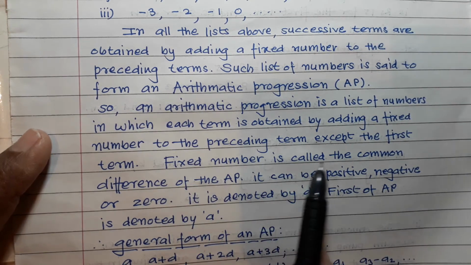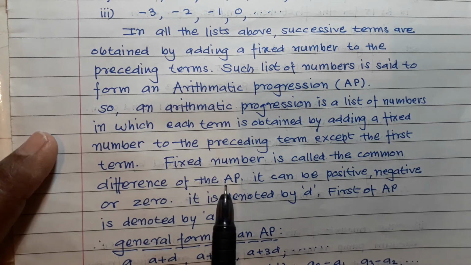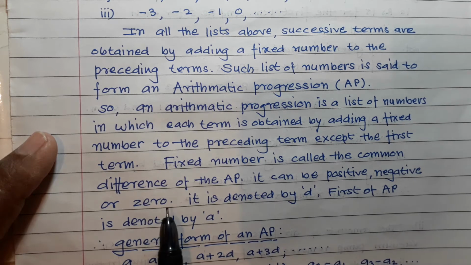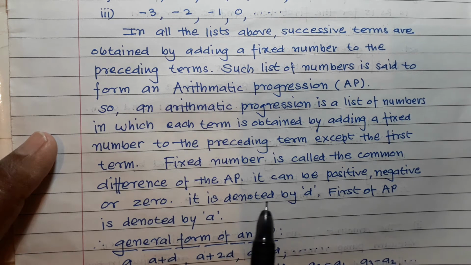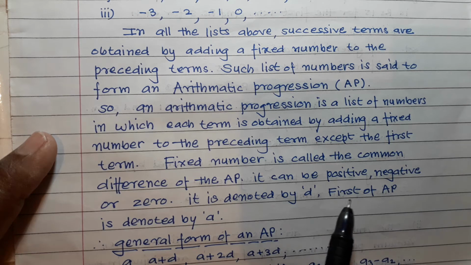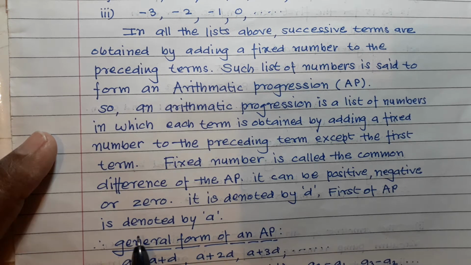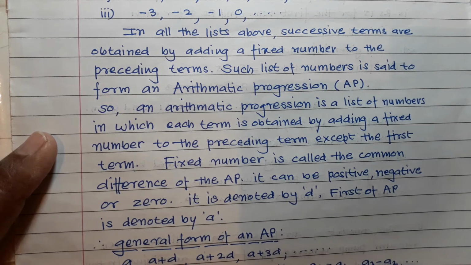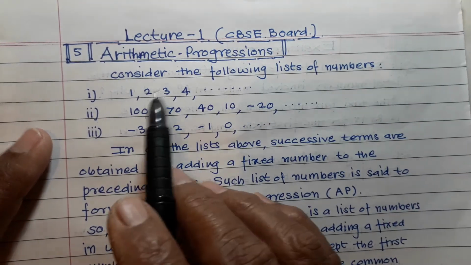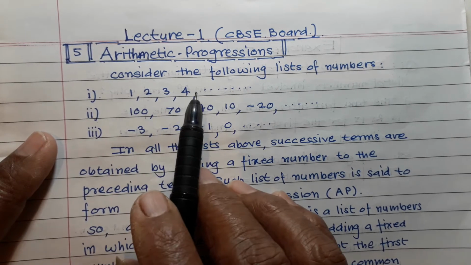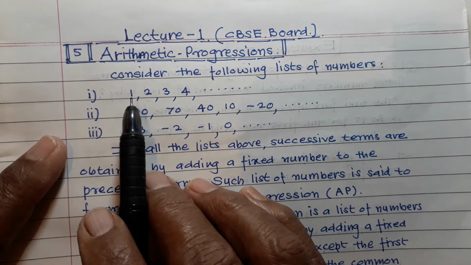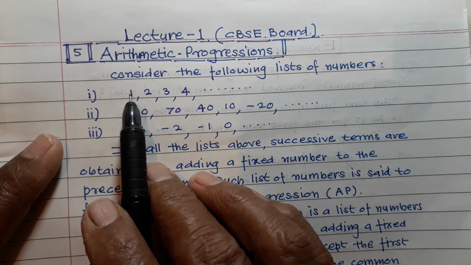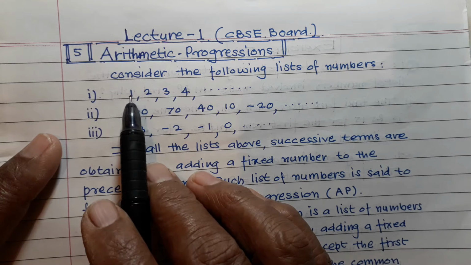The fixed number is called the common difference of the AP. It can be positive, negative, or 0. It is denoted by D. The first term of an AP is denoted by A. Suppose you consider this list of numbers, then this term is denoted by A. This is the first term.